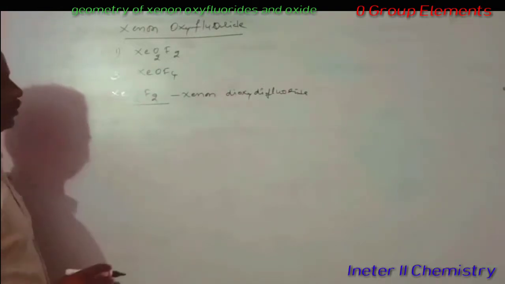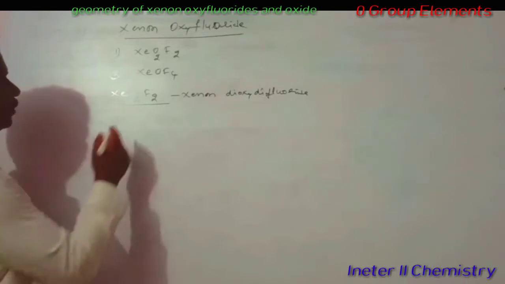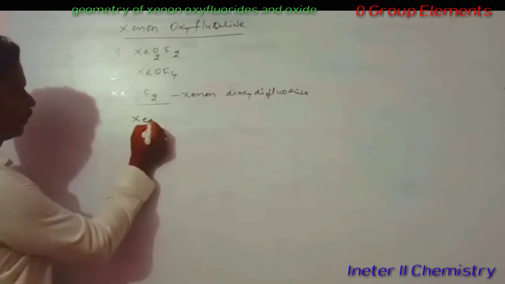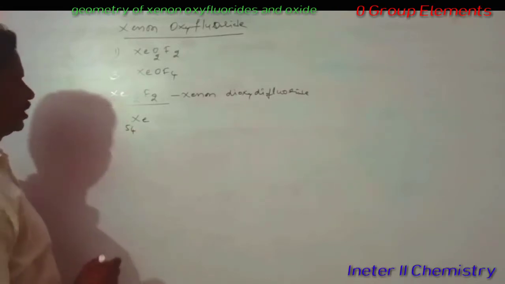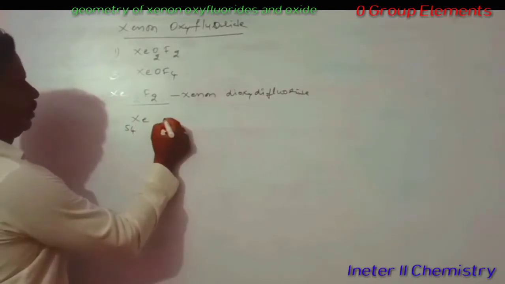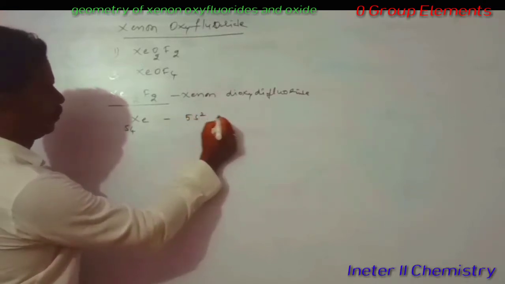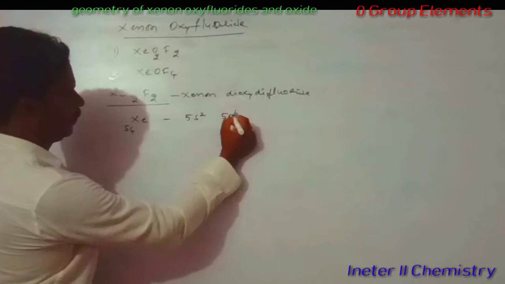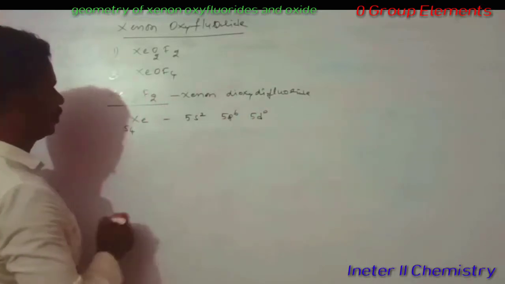In xenon dioxy dichloride also, the central atom is xenon only. We know that the atomic number is 54. The outermost electron configuration is 5s2, 5p6, 5d0. The d orbital is vacant.